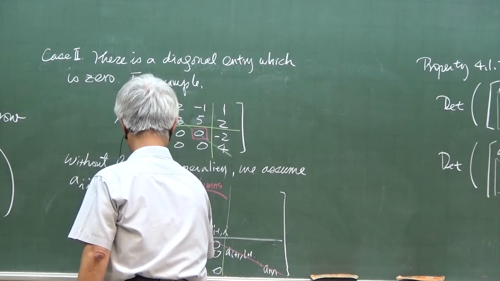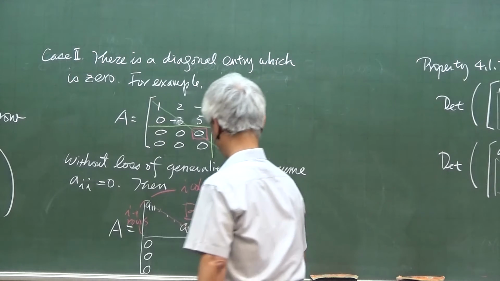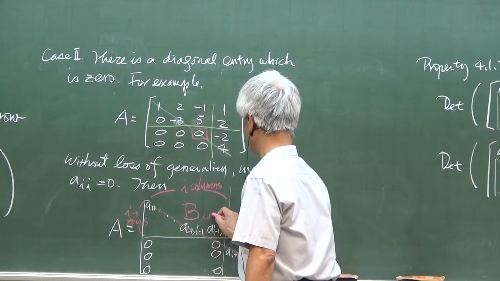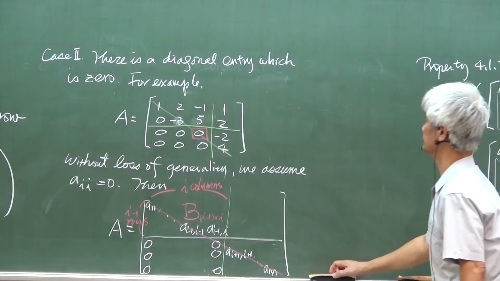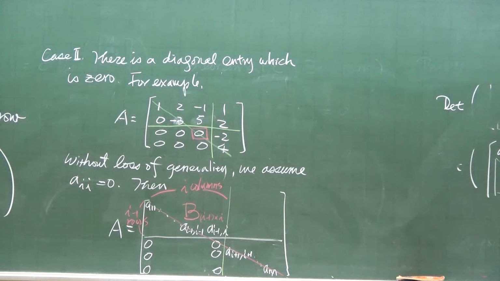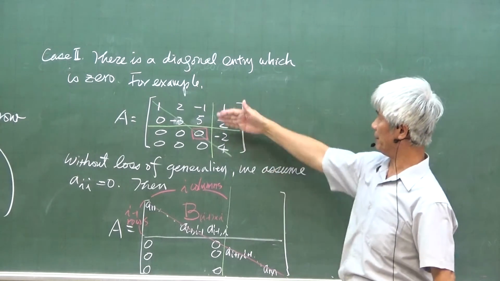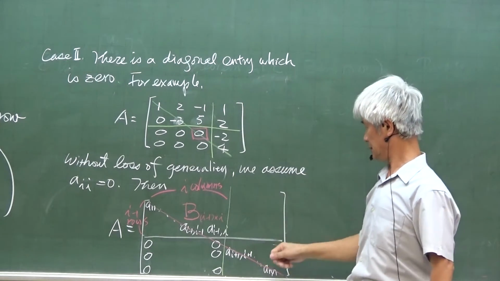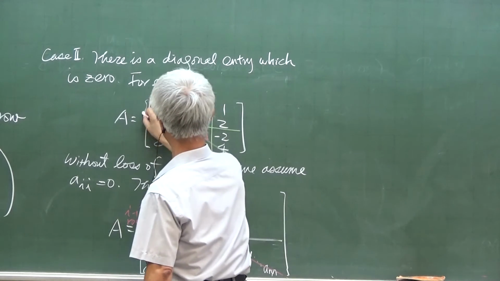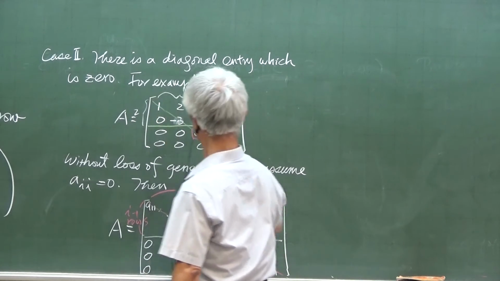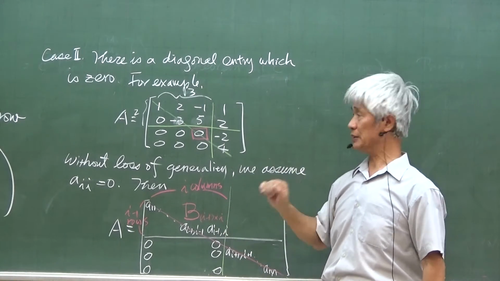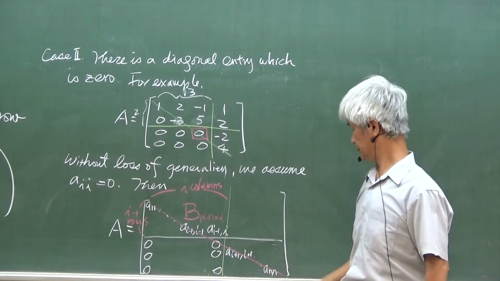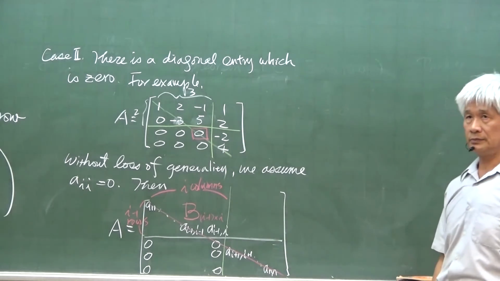So the dimension is (i minus 1) times i. Any questions? Compare with the A here, where this is 2 and this is 3. So B is (i minus 1) times i. Any questions up to now?